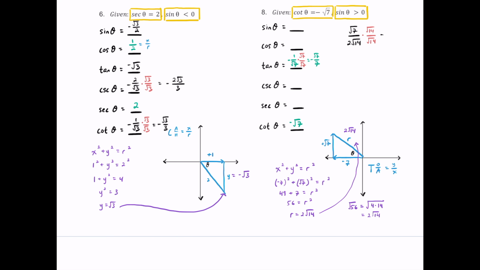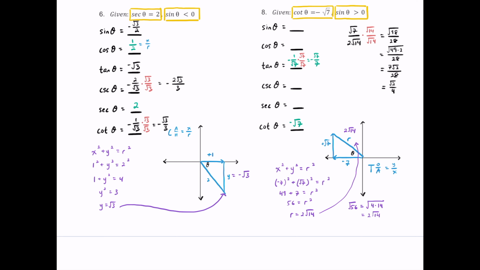And if we do that, we get root 98 over 2 times 14, which is 28. And root 98 separates into root 49 times 2. Root 49 is 7, so it's going to be 7 root 2 over 28. Then divide both top and bottom by 7, and that's root 2 over 4.